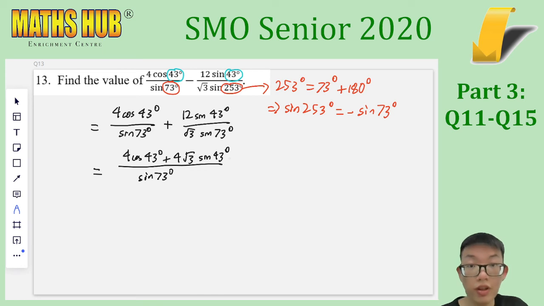Now we are left with 4 cosine 43 degrees plus 4 root 3 sine 43 degrees over sine 73 degrees.